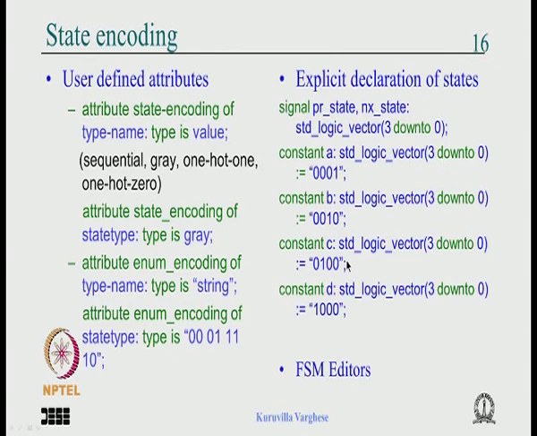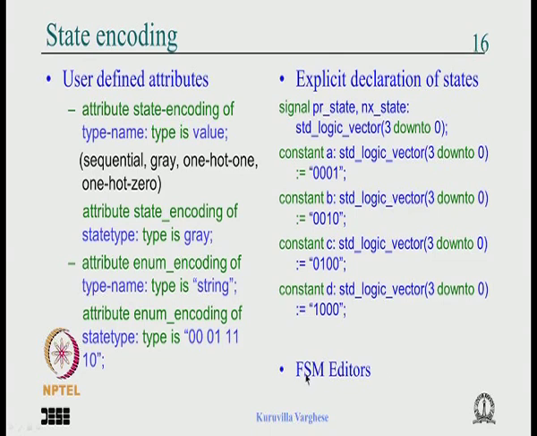So you can define constants for each state with the proper state assignment, then implement the code. If a change needs to be done, it needs to be changed only in one place. You can add more states, change the state assignment, or remove a state in one place. Definitely if you add and delete states, you need to change the VHDL code, but for minor changes in the state assignment, you don't need to change anything.